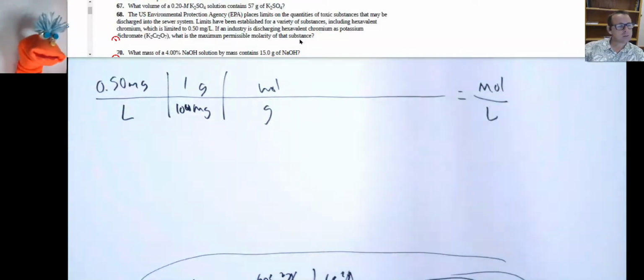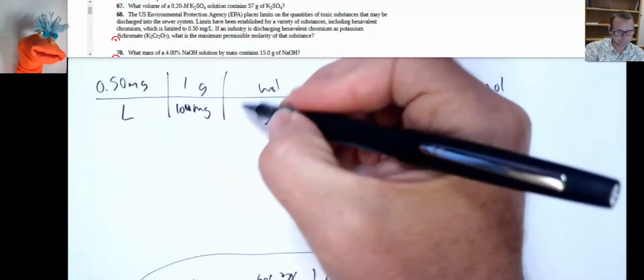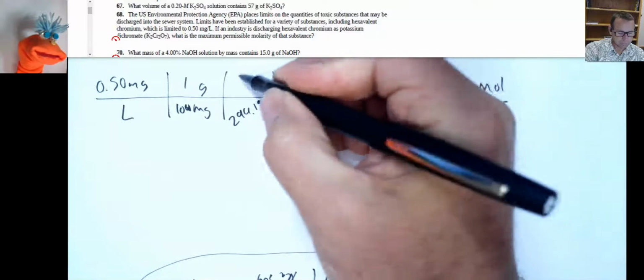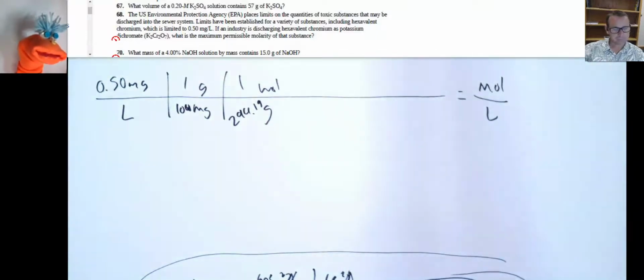What is this stuff called? Potassium dichromate. Molar mass of potassium dichromate. According to Wikipedia, potassium dichromate is a common inorganic chemical reagent, most commonly used as an oxidizing agent in various laboratory and industrial applications.